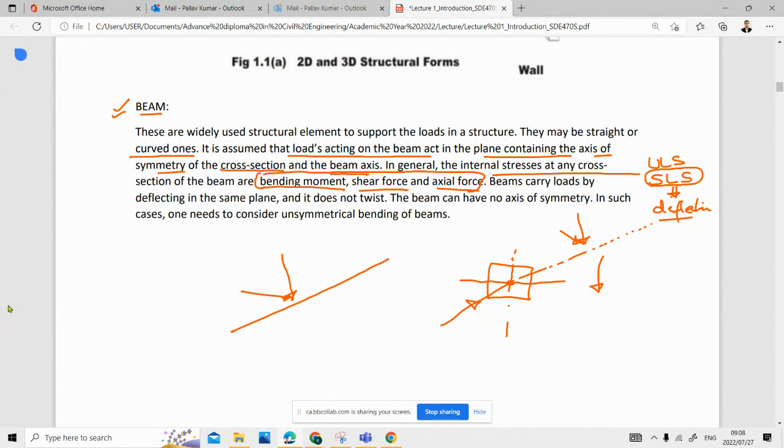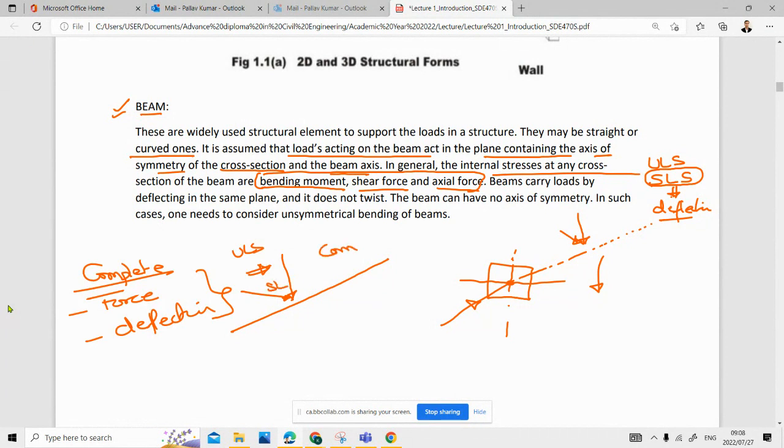So whenever somebody asks you to analyze a complete beam, you have to look at your ULS cases, and in those you need to find bending moment, shear force, and axial forces for design purposes, and for the service case you need to find the deflection, right? Then you have a complete analysis of the beam. You have unknown forces to find, and you also need to find the deflection of that beam. Designing for ULS and SLS is your complete design.